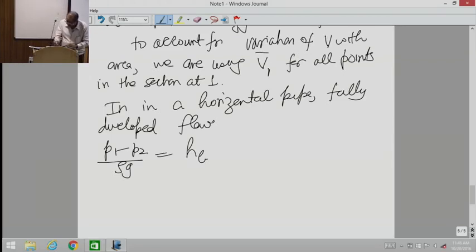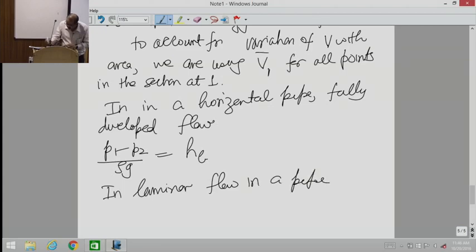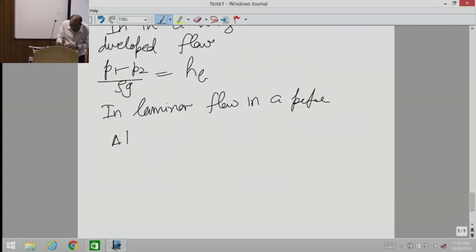So now let's see, in laminar flow in a pipe, we actually have a formula for this. We have already seen that delta P is equal to 128 mu Q L upon pi d^4.